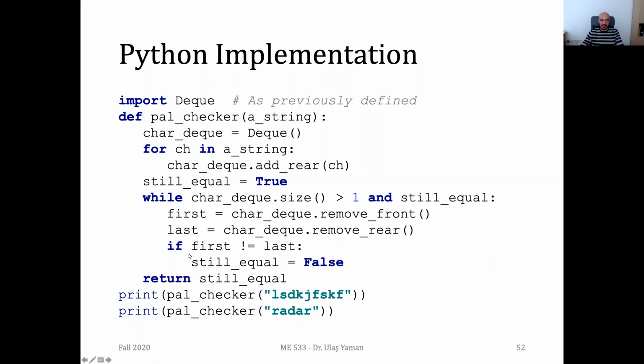Since if this is false, once you go to the start of this while loop, you will see that this condition will not be satisfied. Since it's an AND operator here, this is okay, but if still equal is false, then we cannot go into this while loop, and we should continue and return this result.